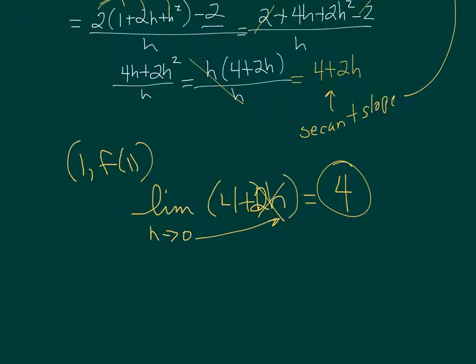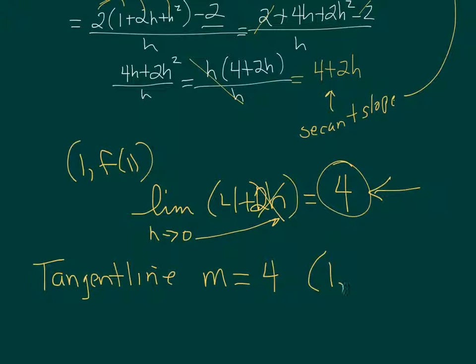And then finally, find the equation of the tangent line. I just found the slope, that's the slope. I'm looking at x equals 1, so what would y equal? Well, my original equation was f of x equals 2x squared.